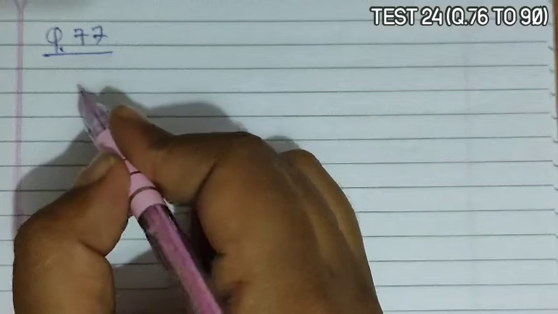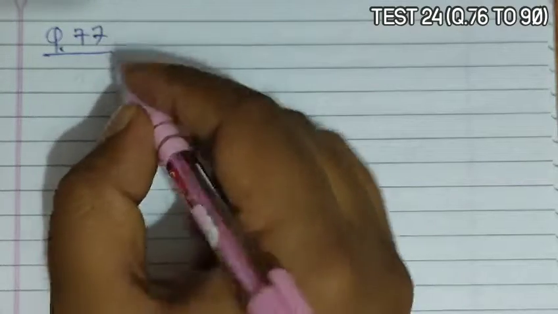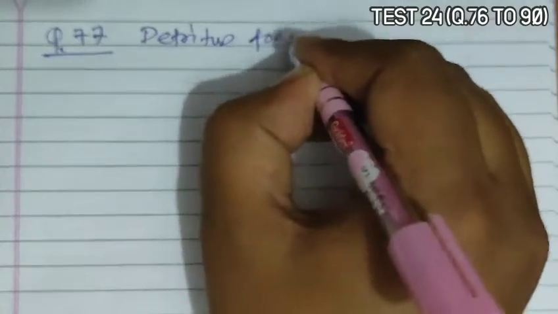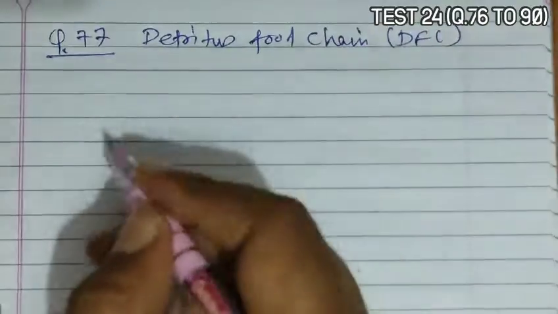Question 77 asks about the detritus food chain, that is DFC.